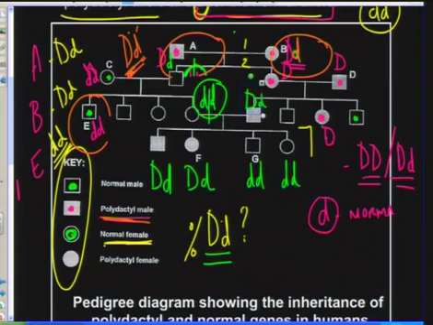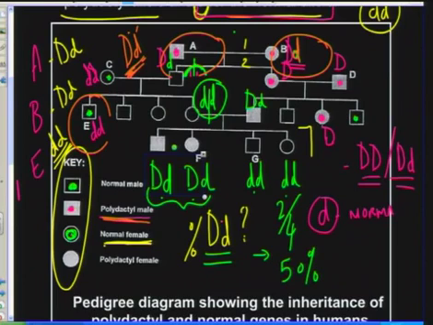There are 1, 2, 3, 4, and of the 4, 2 of them are heterozygous, and hence 2 over 4 is half, which is 50%. So the answer that you needed to give was 50% of the individuals would be carriers.